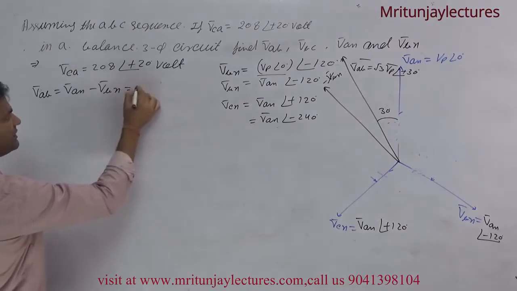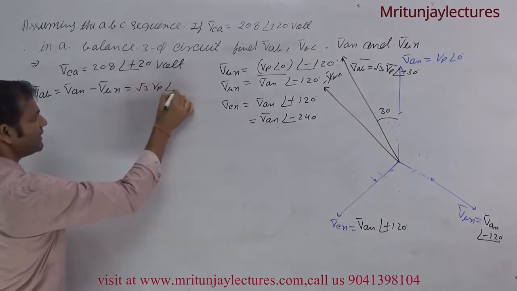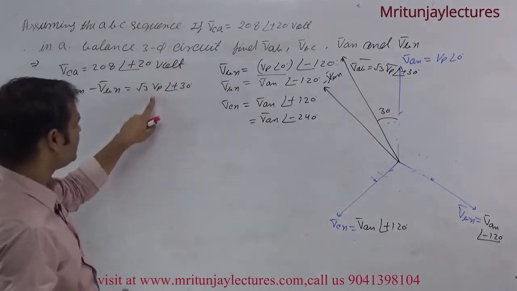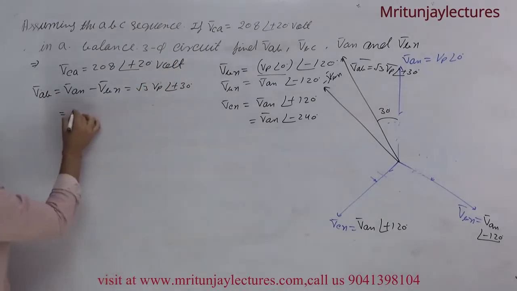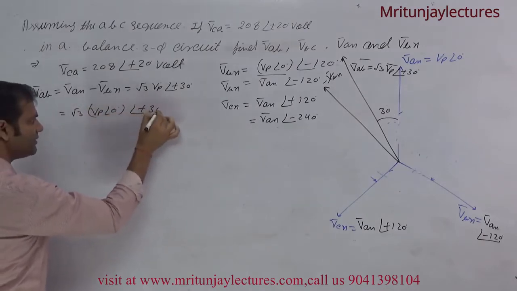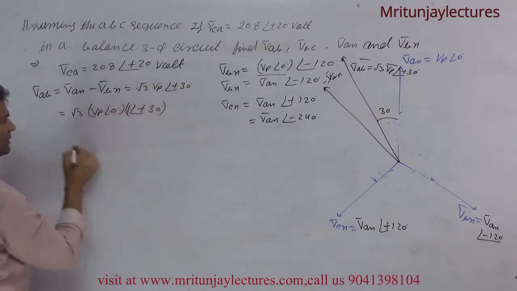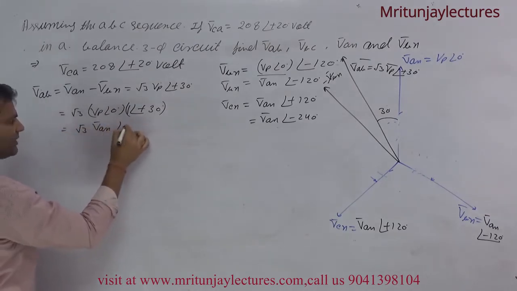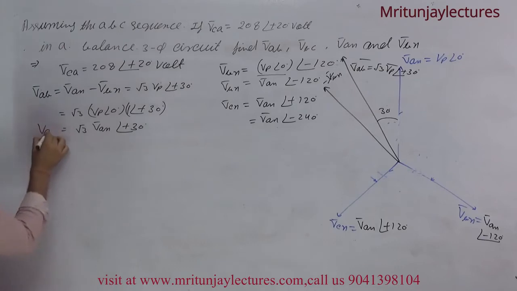So this one is written as root 3 VP at the angle plus 30 degree. Similarly, you can write root 3 VP at the angle 0 into 1 at the angle 30 degree, so root 3 into V of AN at the angle plus 30 degree. So V of AB is written like this.